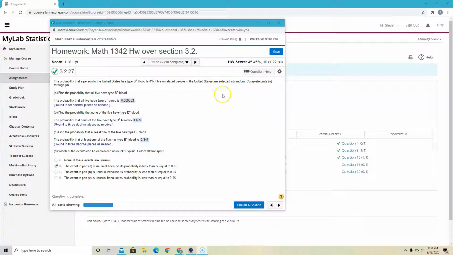Okay, class, so now number 12. It states here, the probability that a person in the United States has type B positive blood is 8%. So they didn't pick a sample of people.